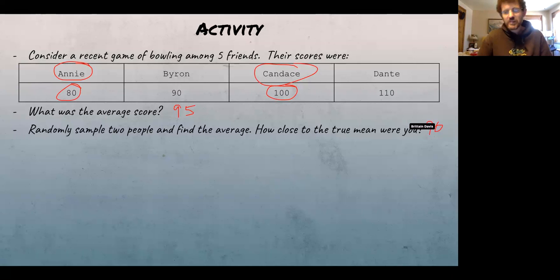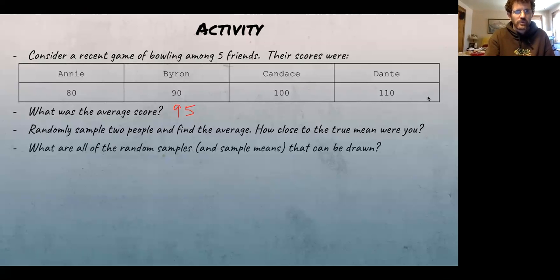So how close was it? That's not too far off. It's not awful. It's not super interesting what the average of these 2 people is, so let's go further. What are all of the random samples we could get?